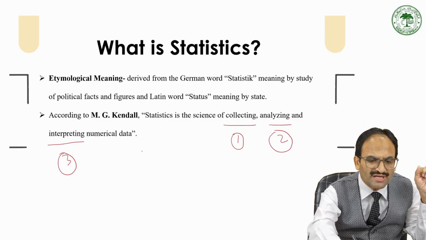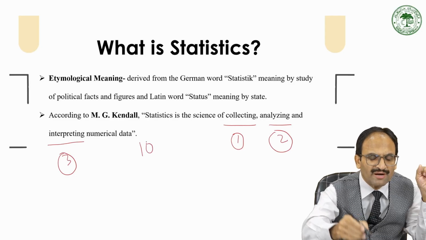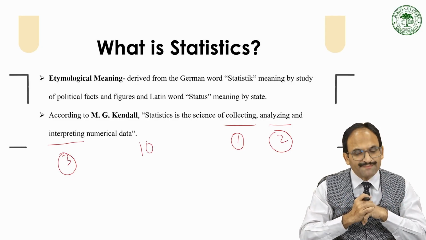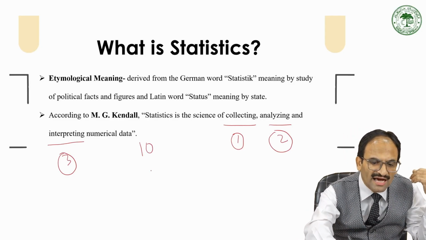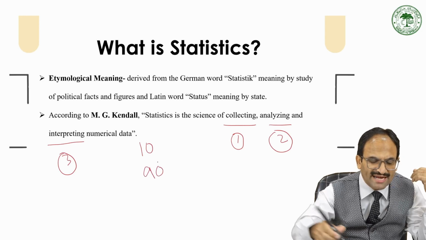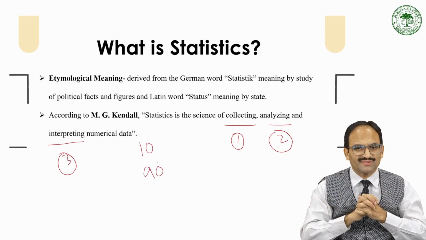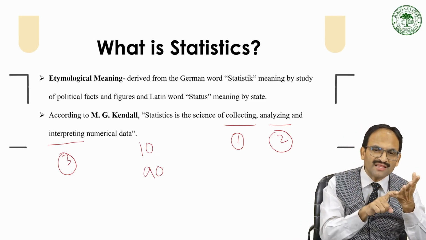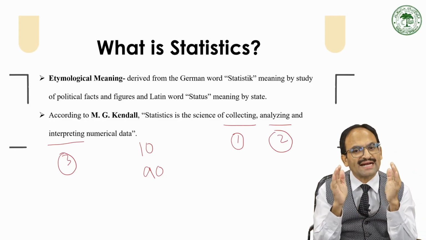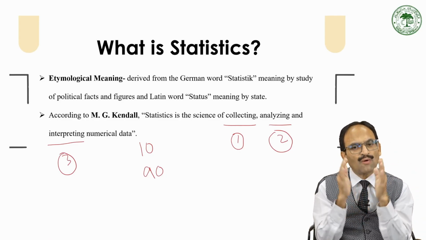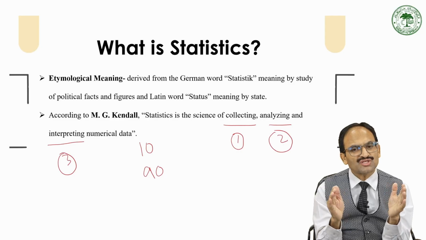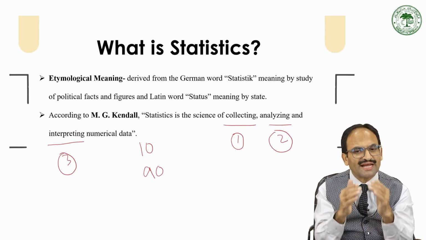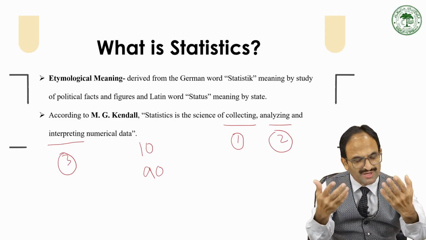The lowest score scored by one particular student is 10, and the highest score is 90. So this one thing, I have collected the data. How have I collected the data? Simply by administering a test on my students.